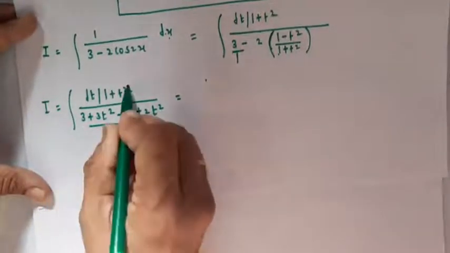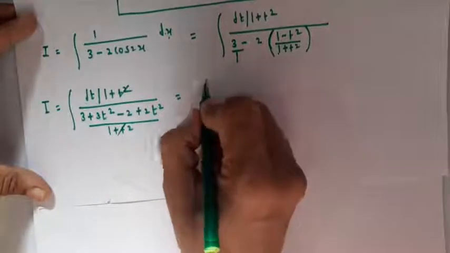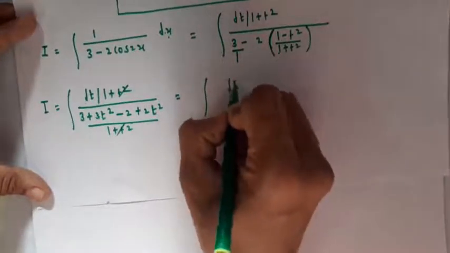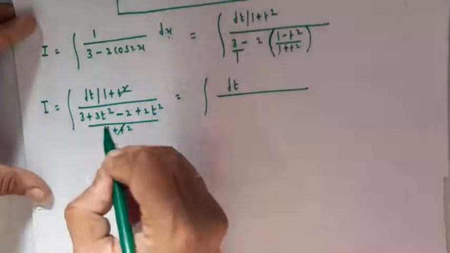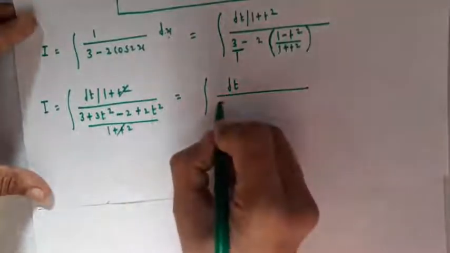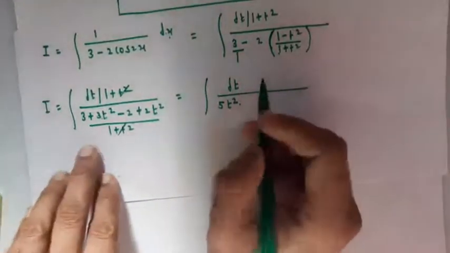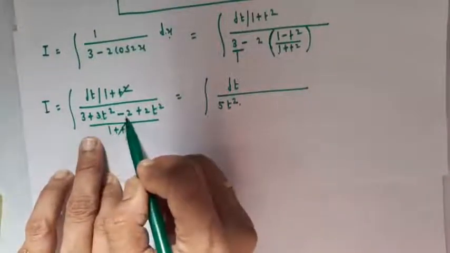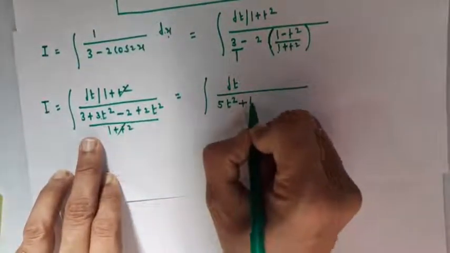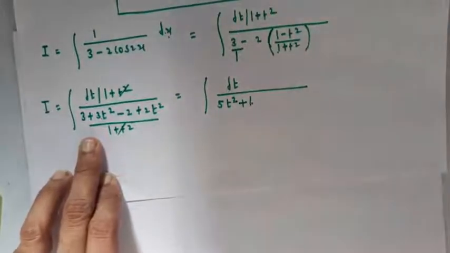So this 1 plus t square gets cancelled, and now integration with respect to t, that is 3t square plus 2t square, that is 5t square. Then 3 minus 2, that is plus 1.